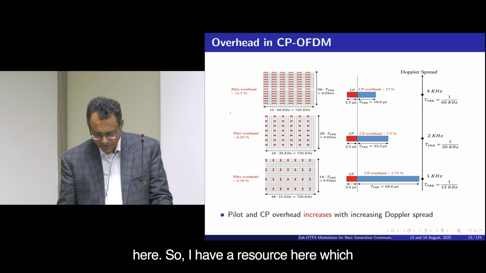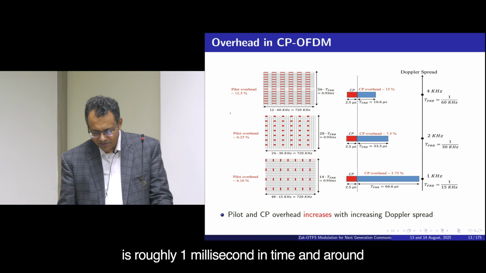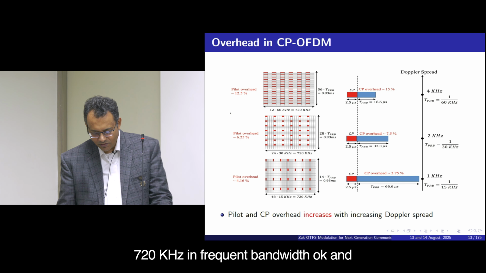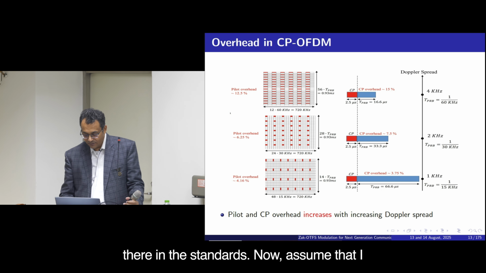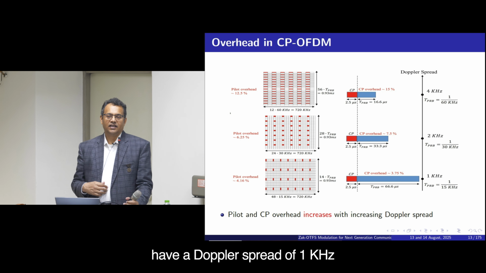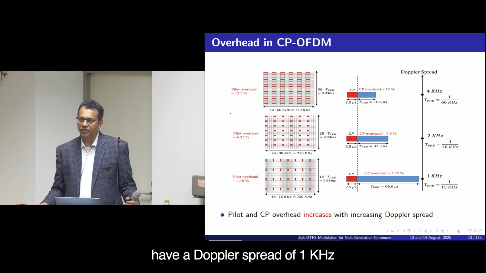I have a resource here which is roughly 1 millisecond in time and around 720 kilohertz in bandwidth, and I am using cyclic prefix OFDM, which is there in the standards. Now, assume that I have a maximum Doppler spread of 1 kilohertz.